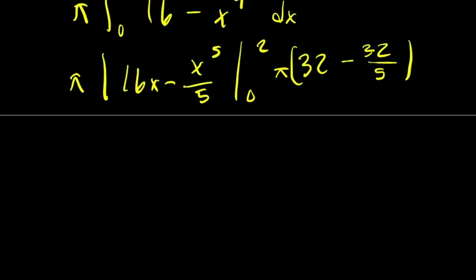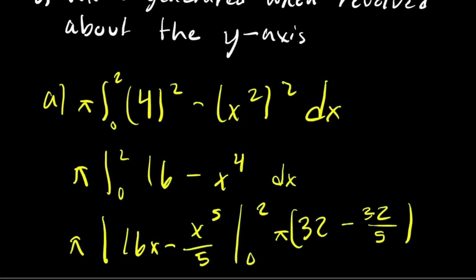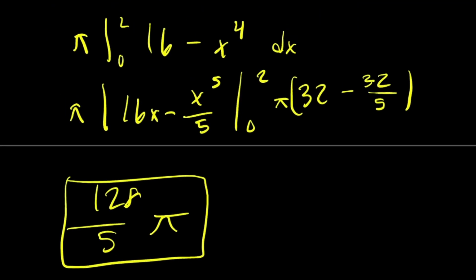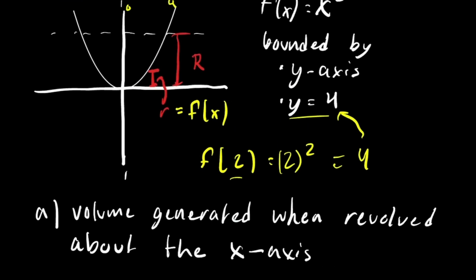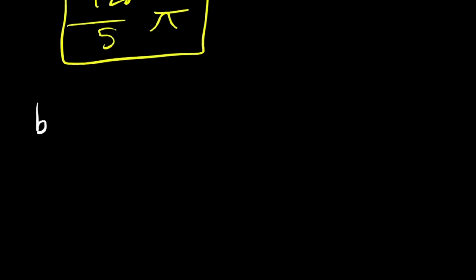So then we're left with 128 over 5 pi, I believe. So that's how you get A. And that's stuff that we've been doing. A little more complicated because you have to think about what your R's will be. But we'll move on to B, which is asking an entirely new question.